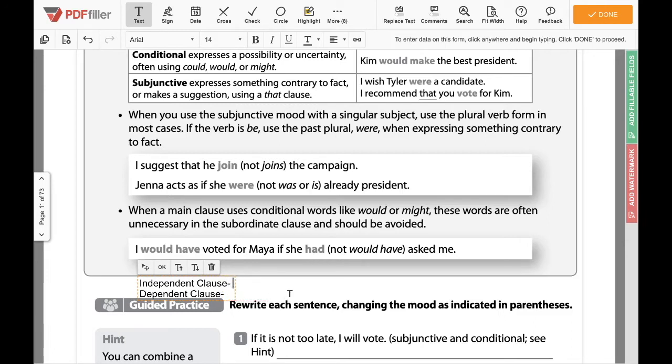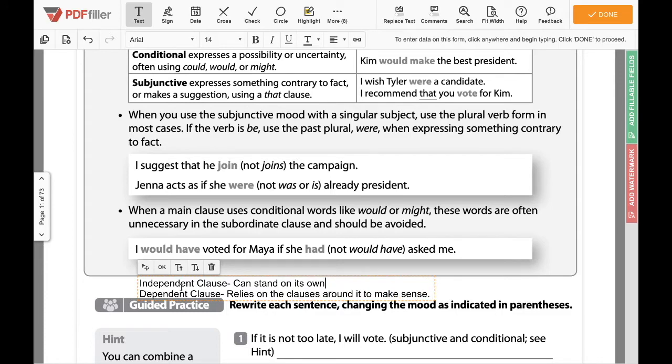Independent means it can stand on its own, and a dependent clause means that it relies on the clauses around it to make sense, right?